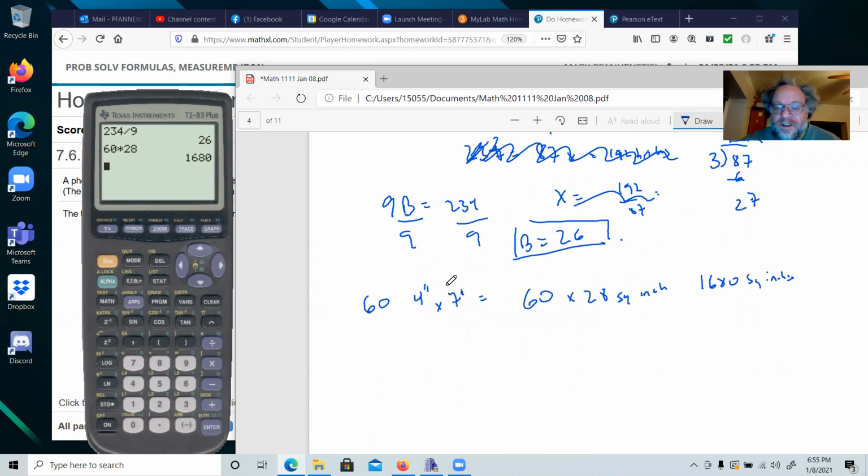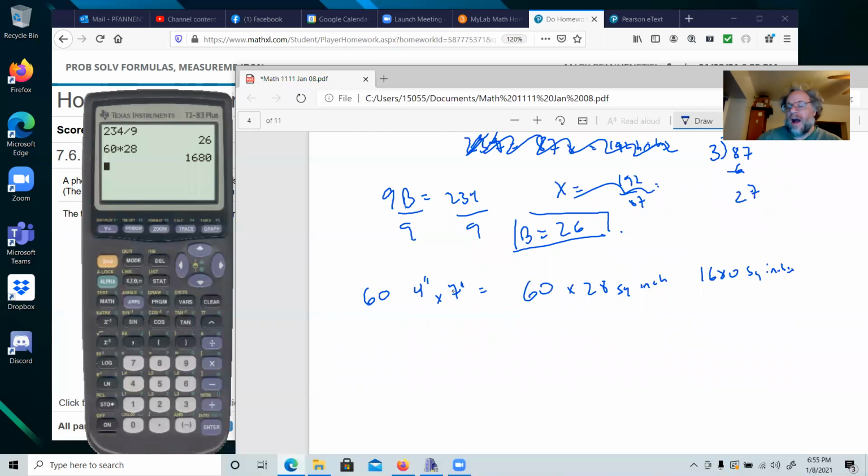Now we want to know how many of these 10 by 15 inch prints we can make. There's nothing magic about this; you could break up this 10 times 15 as an area any way you'd like. 10 times 15 is 150 square inches.